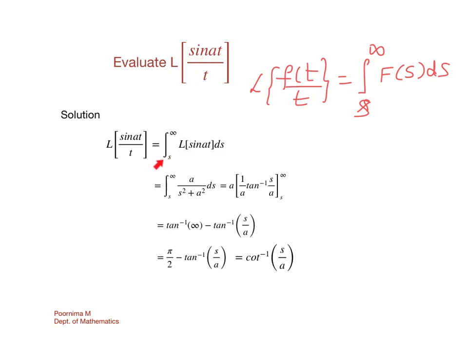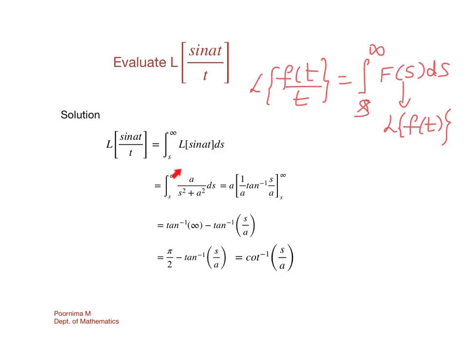Therefore, it is given by the integral from s to infinity of the Laplace transform of f of t. What is f of t in our problem? Sin at. So it is the Laplace transform of sin at with respect to s. We know the formula for the Laplace transform of sin at: it is a divided by s square plus a square, ds.